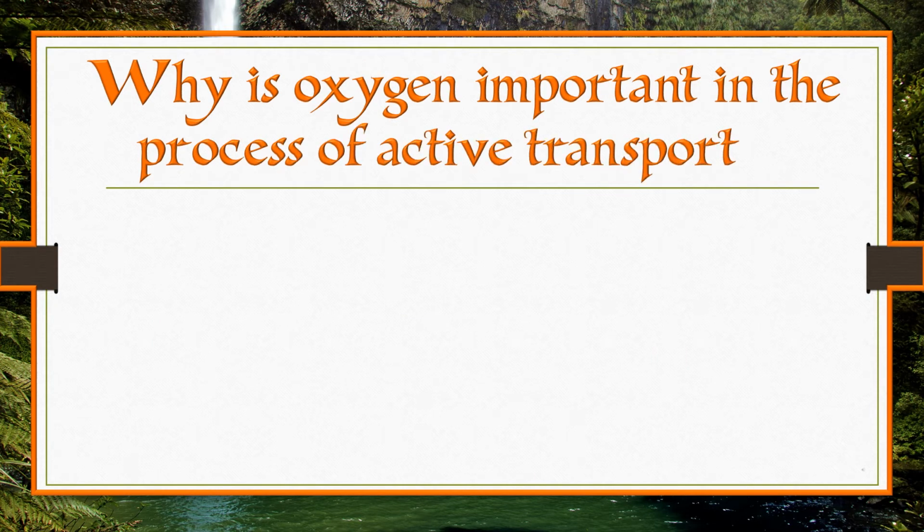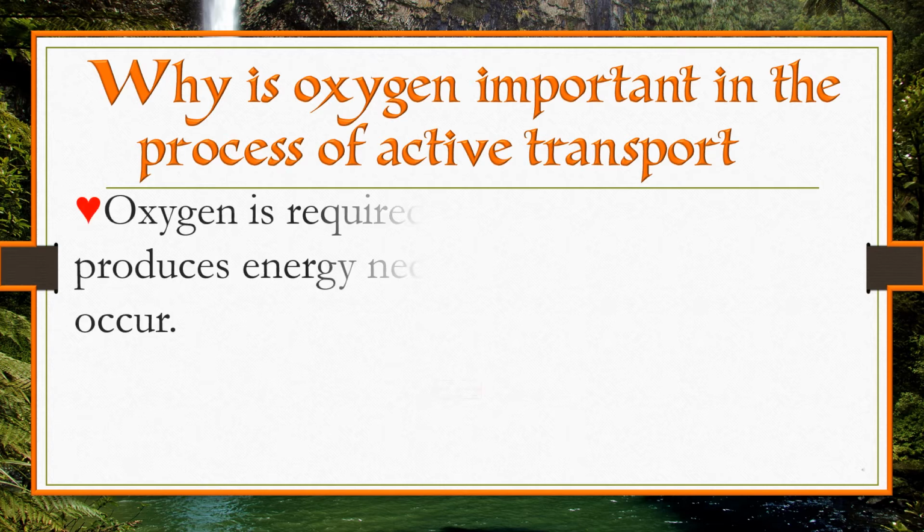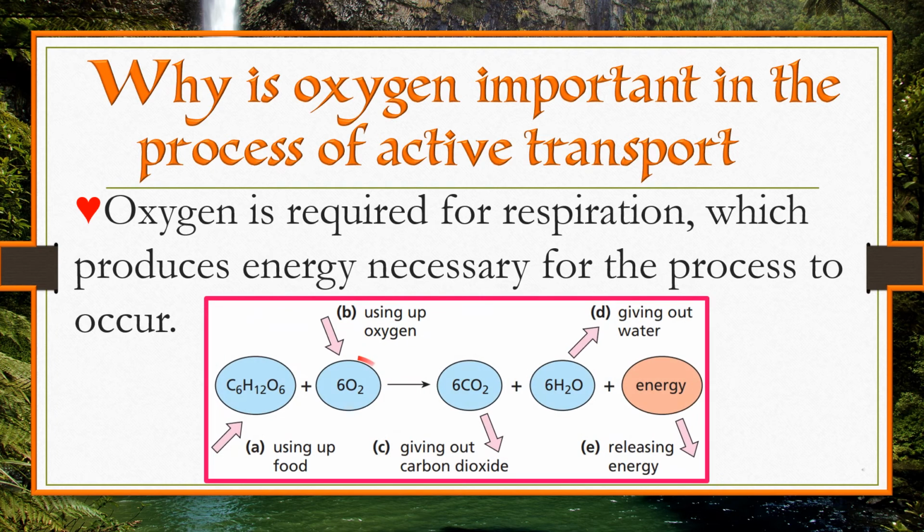Why is oxygen important in the process of active transport? Oxygen is required for respiration, which produces energy necessary for the process to occur. So we know that for us to get energy, we need to oxidize glucose.